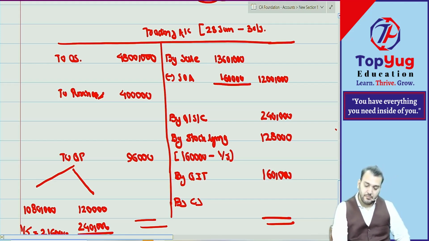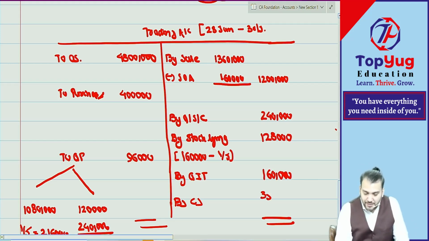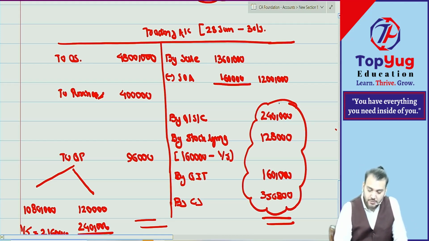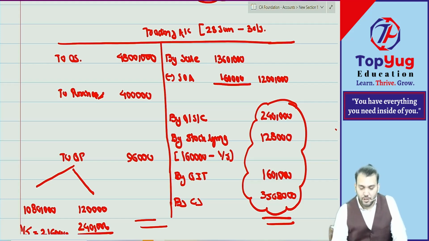How much? 35 lakh, 68,000. What is the sum total of all these? Sum total of all these? 44 lakh.